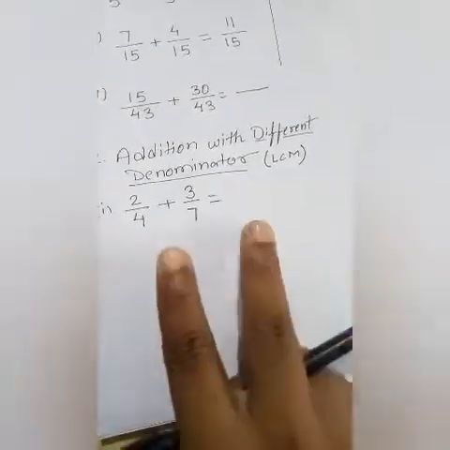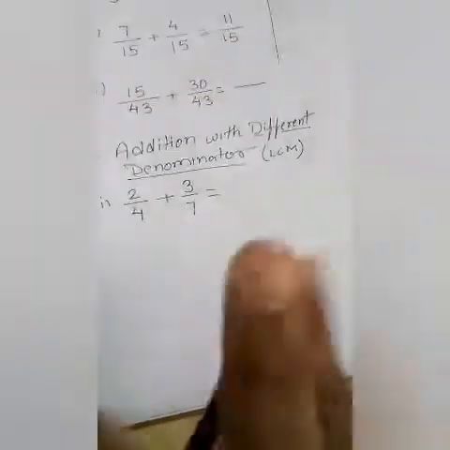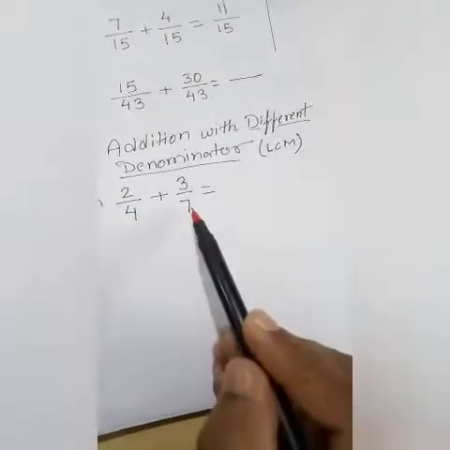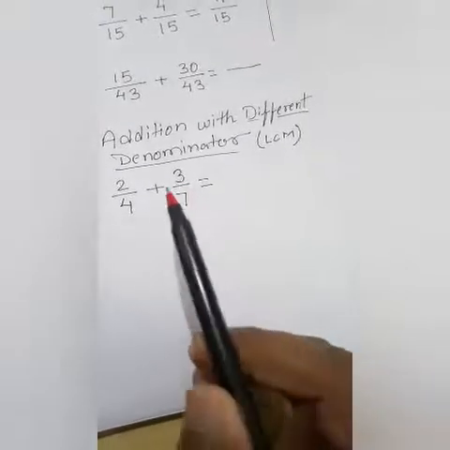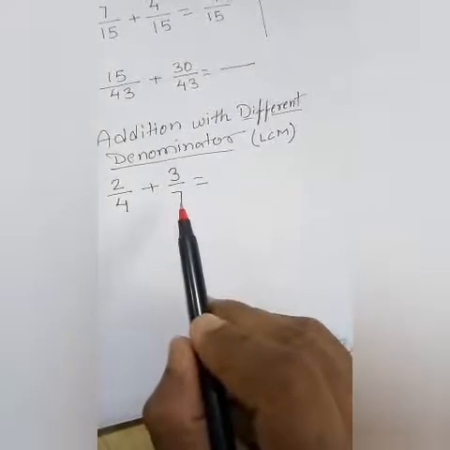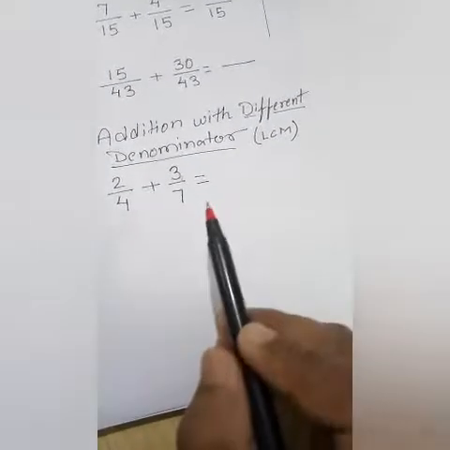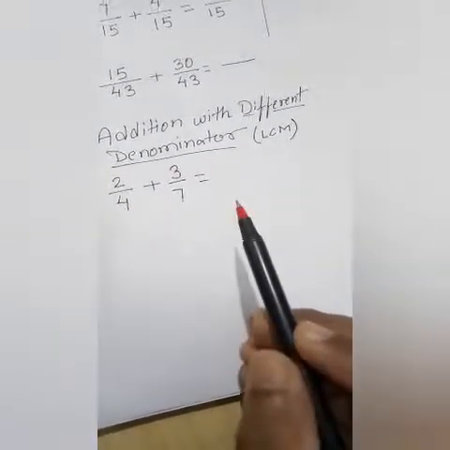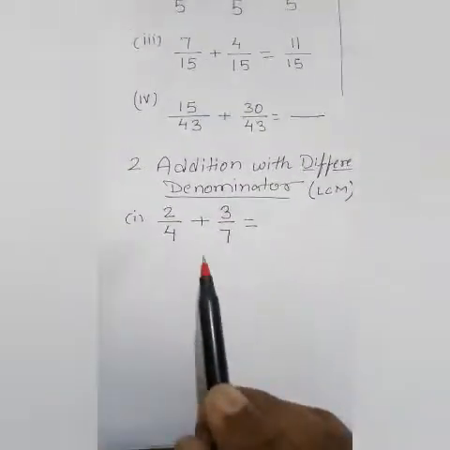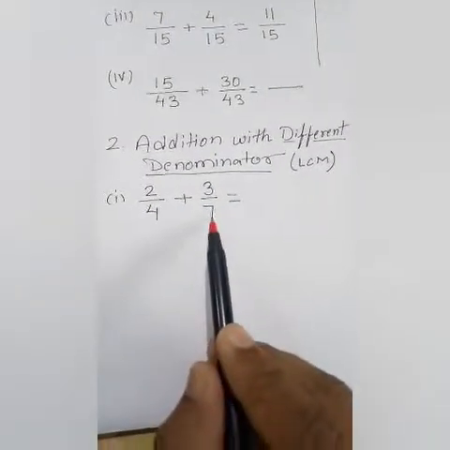It is divisible by 2 as well, and by 4 also. So it has 3 factors, whereas 7 is only divisible by 1 and itself, so it has only 2 factors. The number which comes in its own table or the one times table is called a prime number. So 4 is not a prime number, 7 is a prime number.